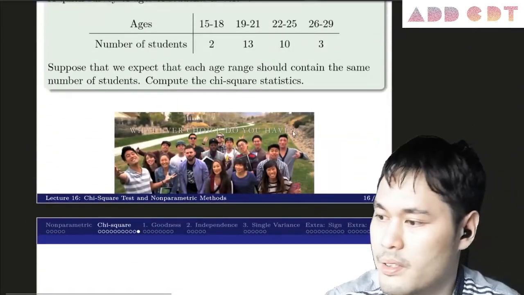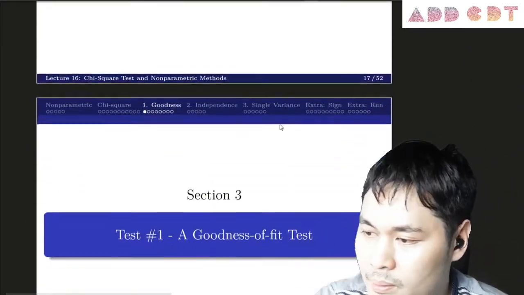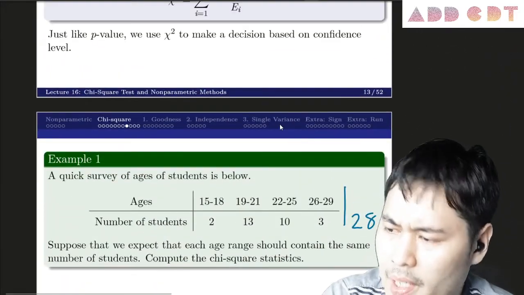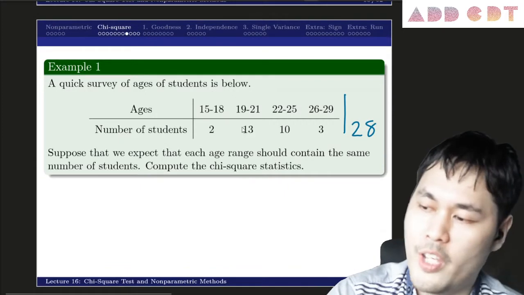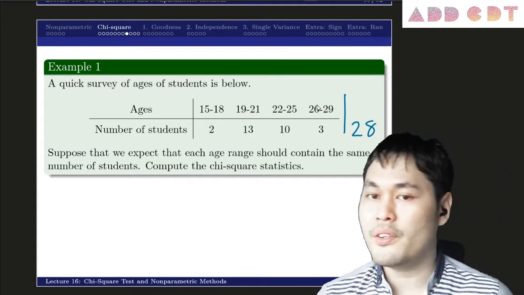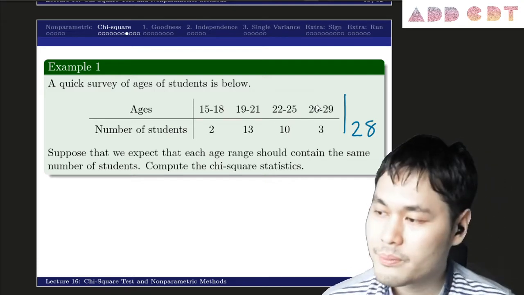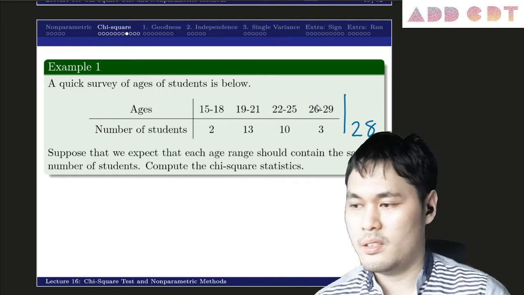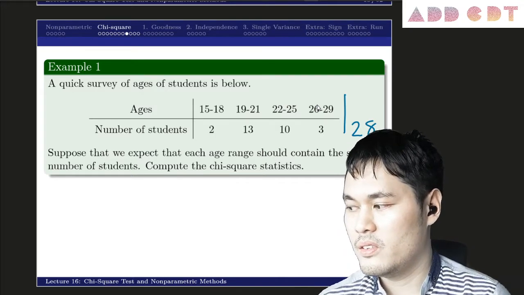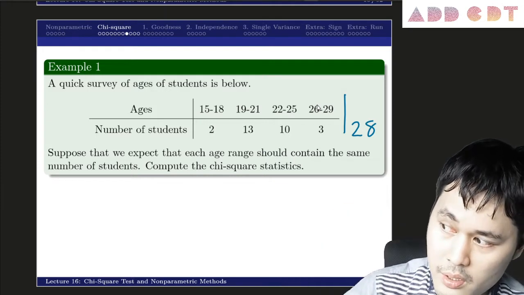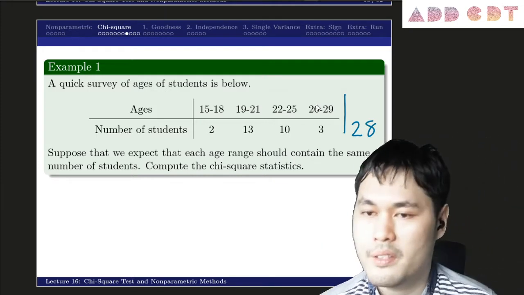And this is just the same idea. You have some counts, and the nice thing is you don't assume anything else. You don't assume that this is normally distributed. You don't require at least 30 samples.